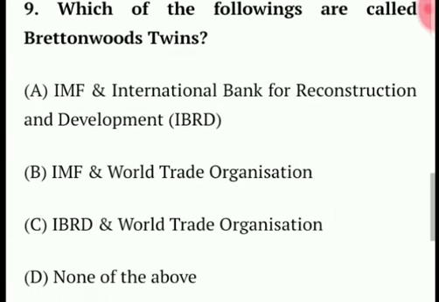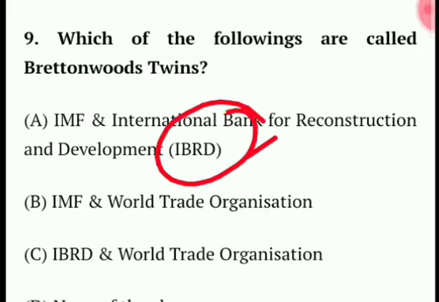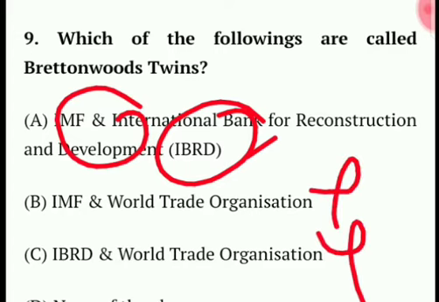Then comes: which of the following are called Bretton Woods Twins? We have already done this: IBRD and IMF are called Bretton Woods Twins, because IBRD is also known as World Bank, and they were both constituted after the Bretton Woods Conference in 1945. IMF and WTO is wrong, IBRD and WTO is wrong.